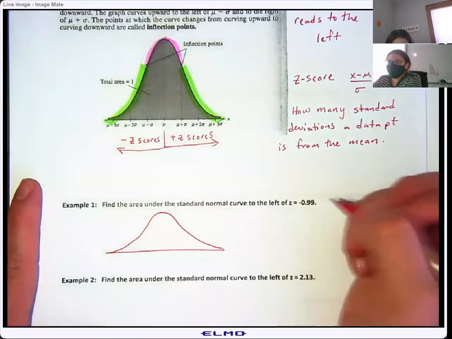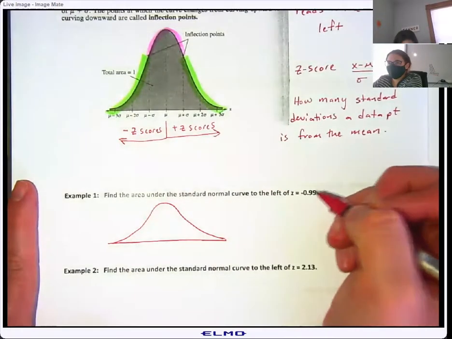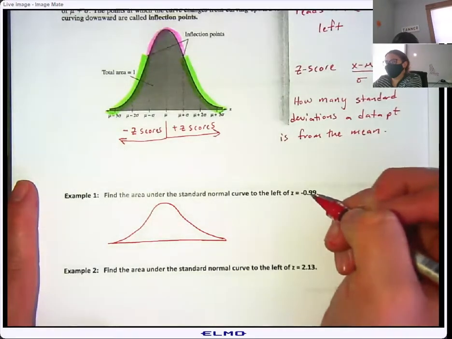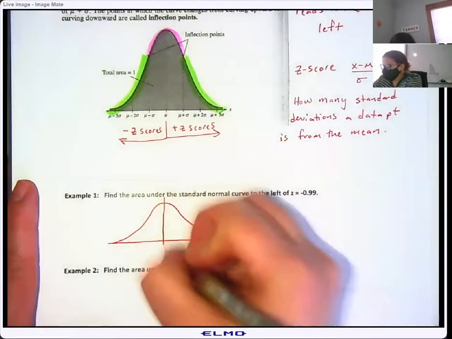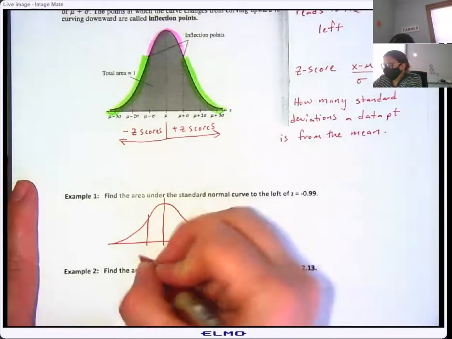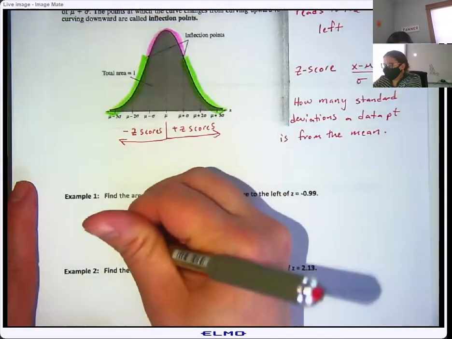All right, where's the z-score of 0 on this normal curve? The middle. So there's 0. And if I was going to draw negative 0.99, it'd be about here. And we're trying to find the area to the left.